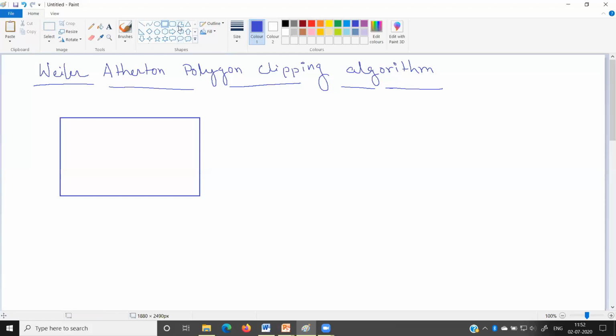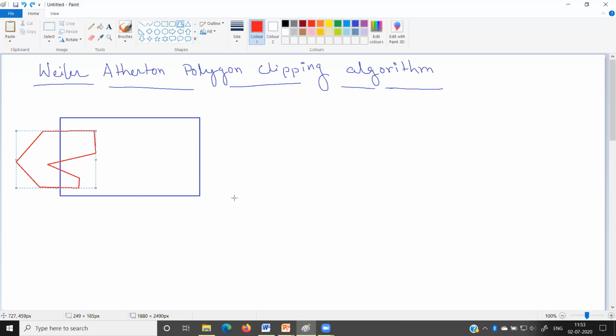Okay. So consider this is the clip window and there is a polygon like this one. Just a minute. The polygon is something like this one. Okay.